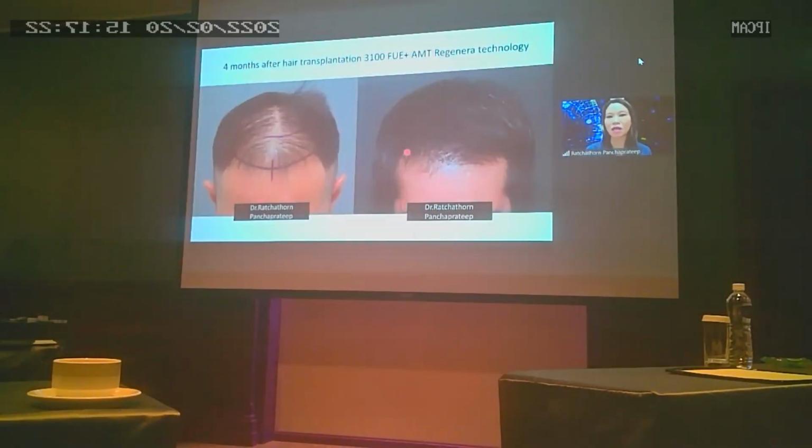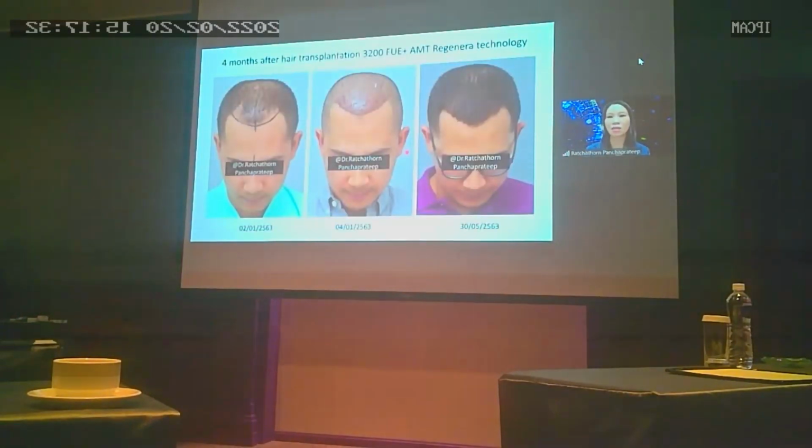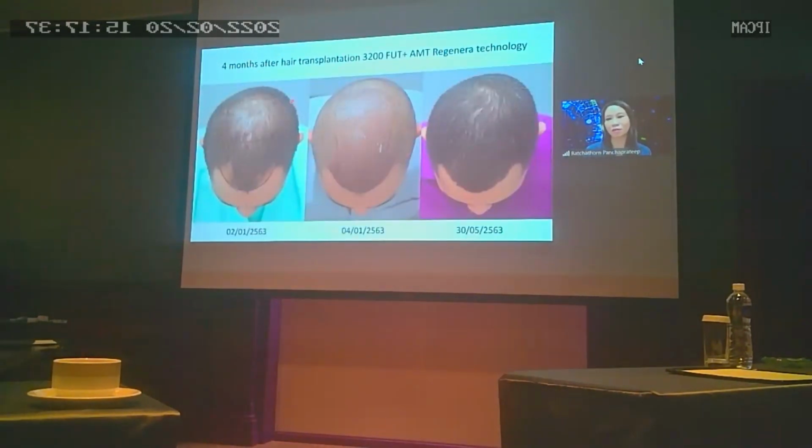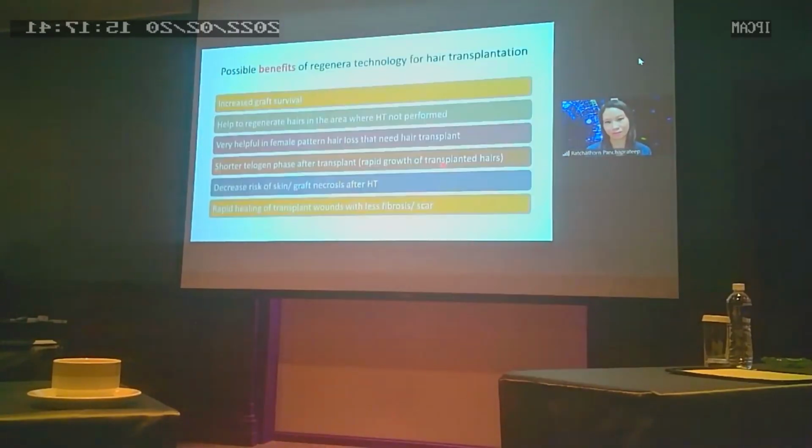The same patient at 4 months: you can see the new hair coming so fast. At 8 months, the hair is coming more slowly. This is another patient at 4 months. You can see the patient starts to have a full head of hair.